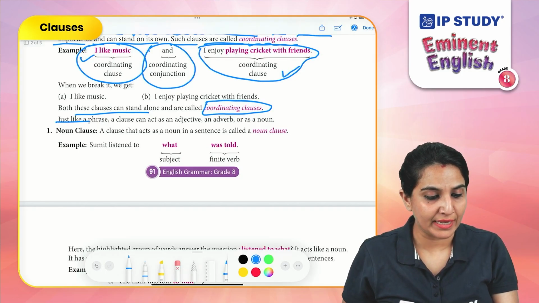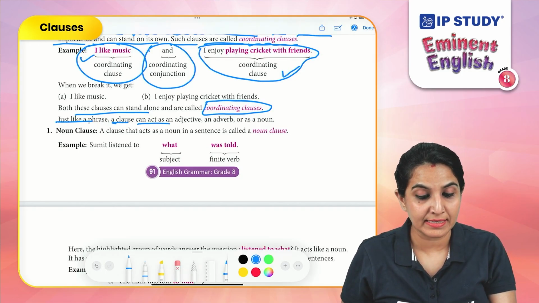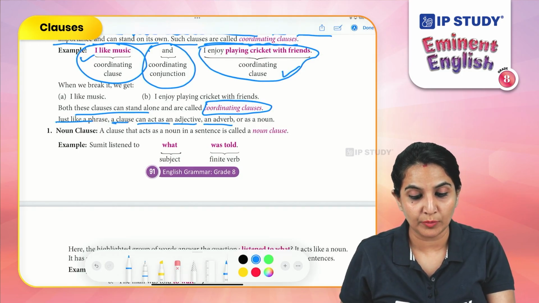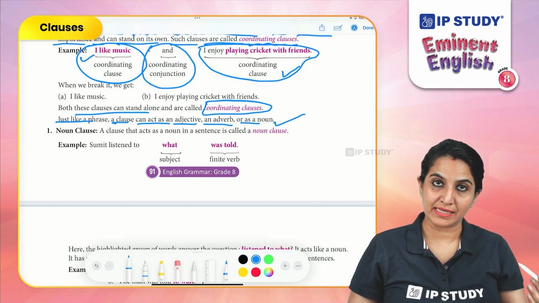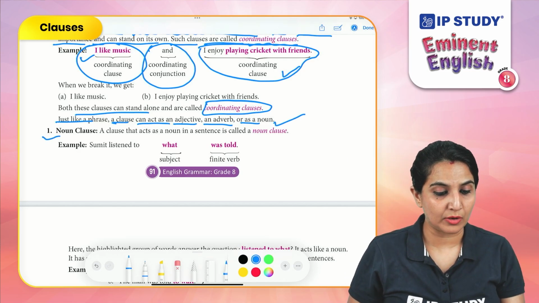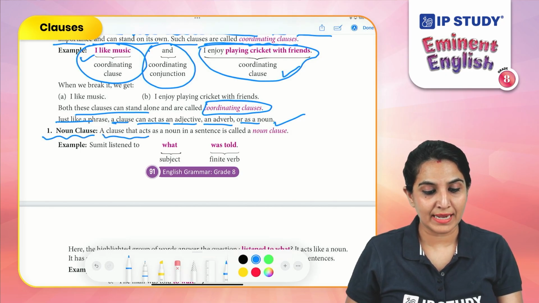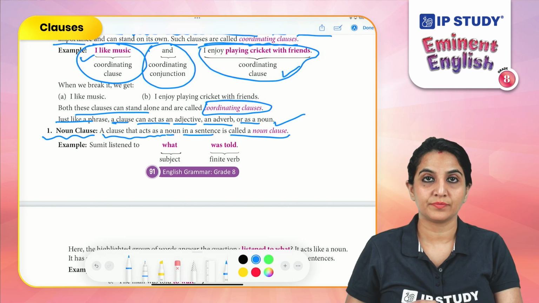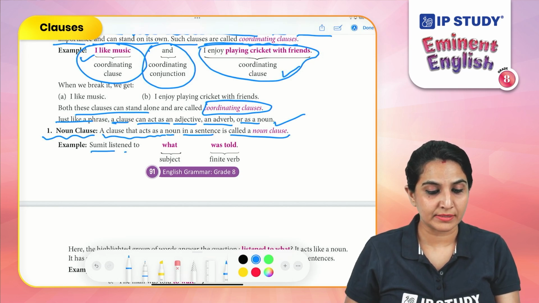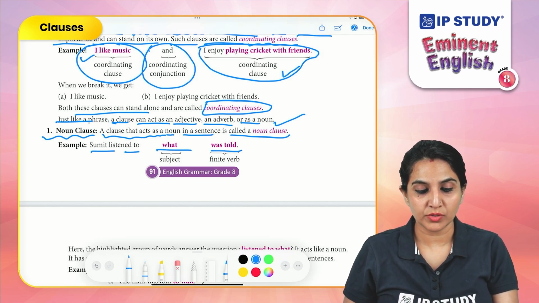Just like a phrase, a clause can act as an adjective, an adverb, or as a noun. Let us understand all of these kinds of clauses. What is a noun clause? A clause that acts as a noun in a sentence is called a noun clause. Like, Sumit listened to what was told.